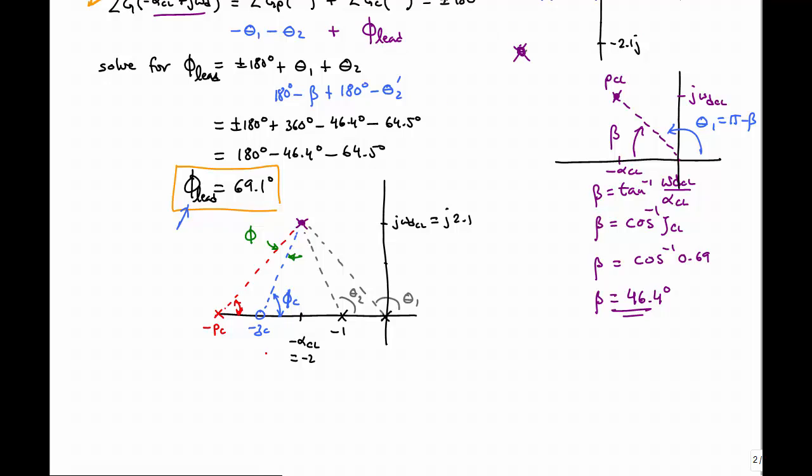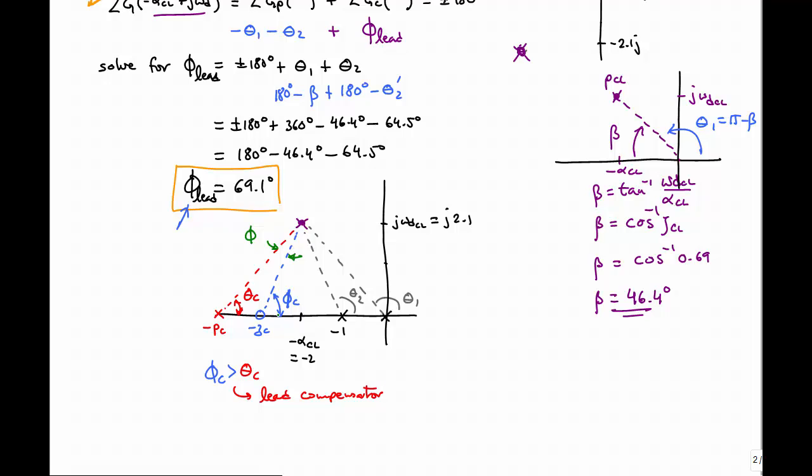Phi c is the angle contribution from the zero of our compensator, and theta c is the angle that we lose due to the compensator pole that we place. And we can see graphically here that the angle of phi c is greater than theta c, and this leads to it being a lead compensator, which is what we need.